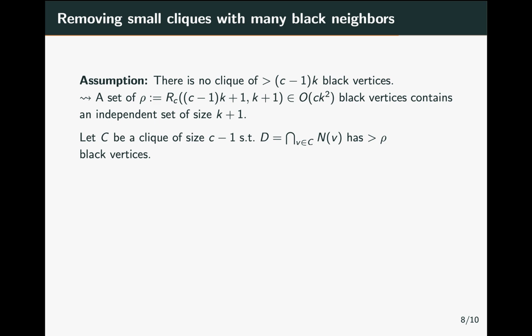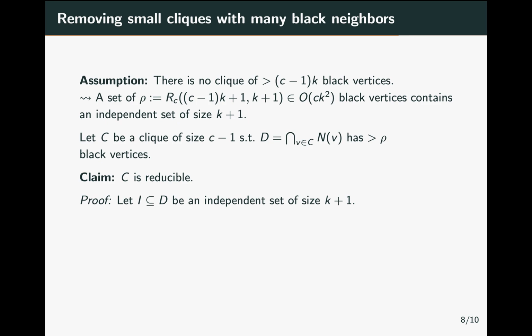Now, let us consider a clique C of size c-1 such that in its common neighborhood D there are a lot of black vertices. I claim that such a clique is reducible. First of all, there is going to be an independent set I of size k+1 due to our assumption.